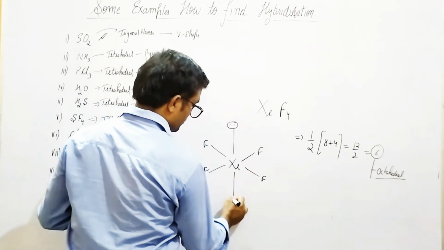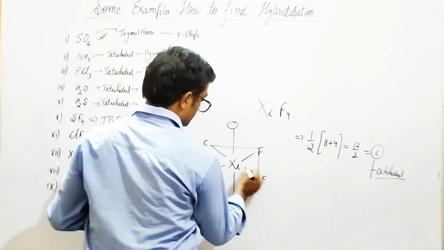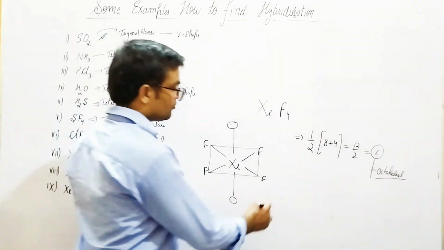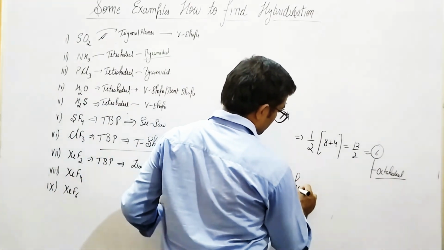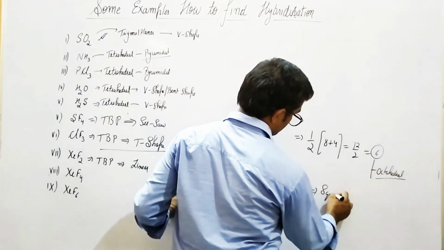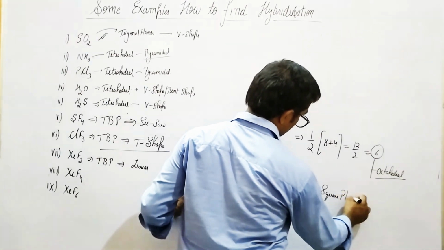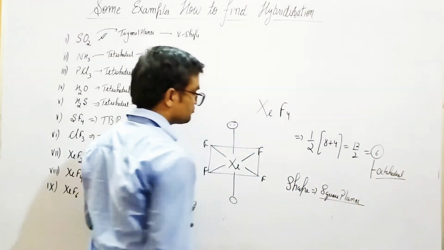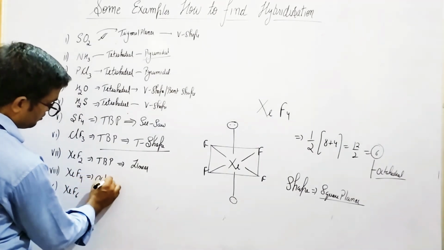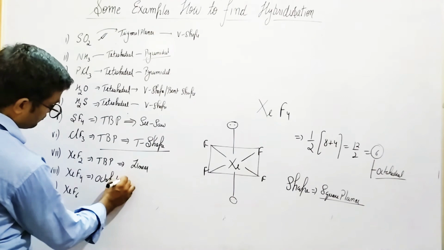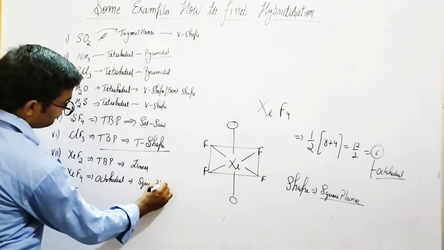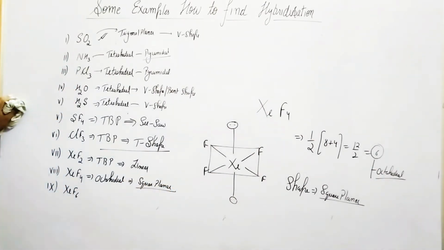Therefore, its shape comes out to be square planar, because in shape we do not consider the lone pairs. Anyone who asks this shape, the shape must be square planar. So it has octahedral geometry and square planar shape, because all four bonds are in plane.